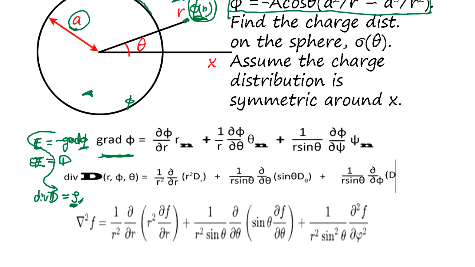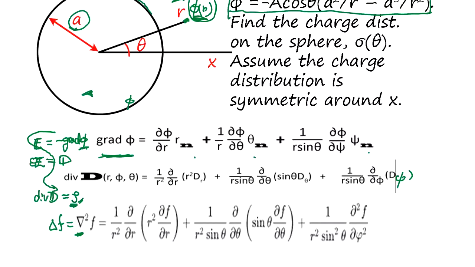Okay, so divergent, we're talking about polar coordinate here, r, theta, and phi. This missing one is phi here. So if you take a derivative twice, this becomes the double triangle. Sometimes you can write it this way.